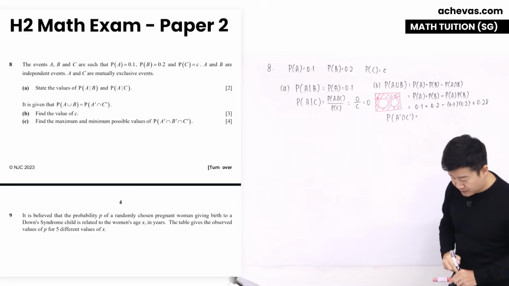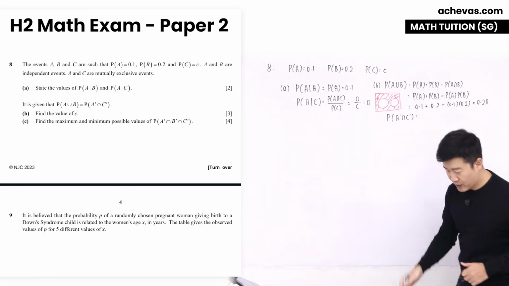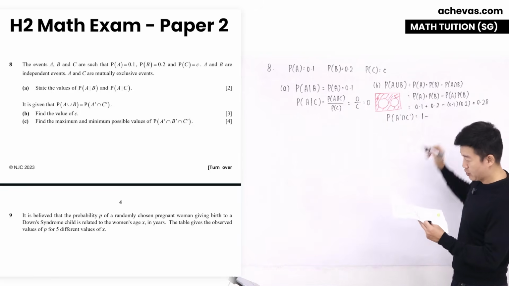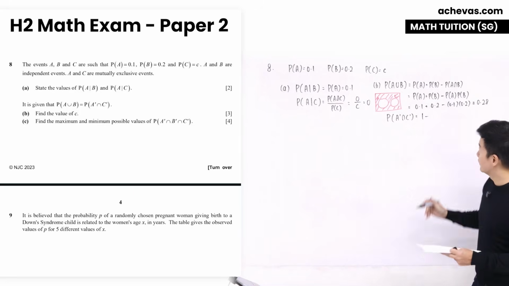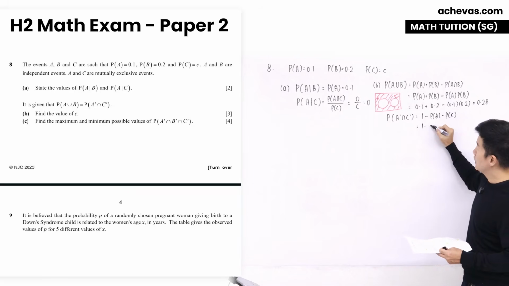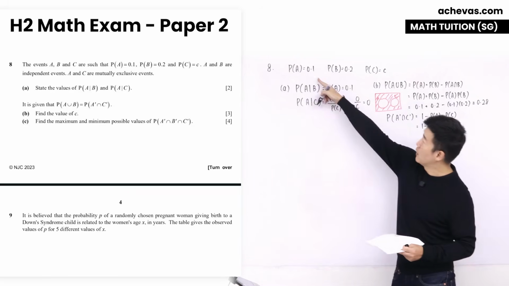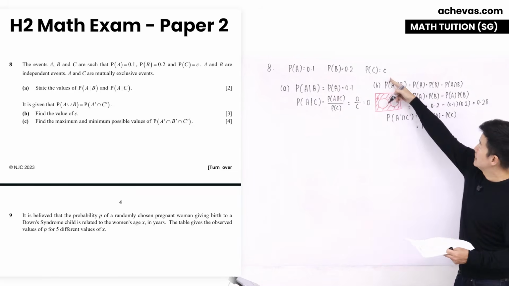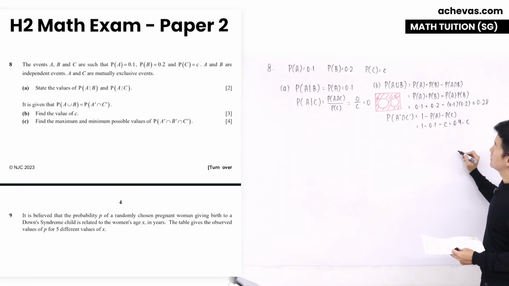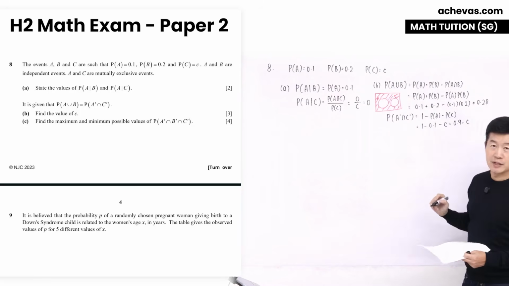So for this region, what we are going to do is simply take 1 minus the probability of A and the probability of C. So 1 minus P(A) minus P(C). And this is equal to 1 minus 0.1 minus P(C), which is just C. So here we have 0.9 minus C. And the question says this is equal to this.